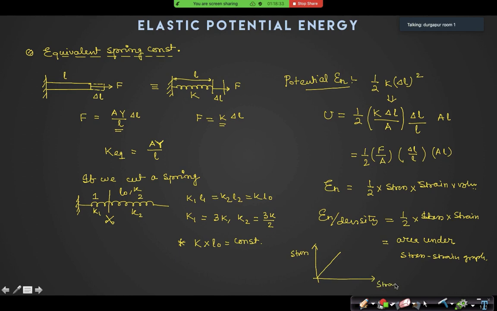So what is the area under this stress strain graph? Half into stress into strain. So energy density is half into stress into strain, or the area under the stress strain graph. That you need to remember.